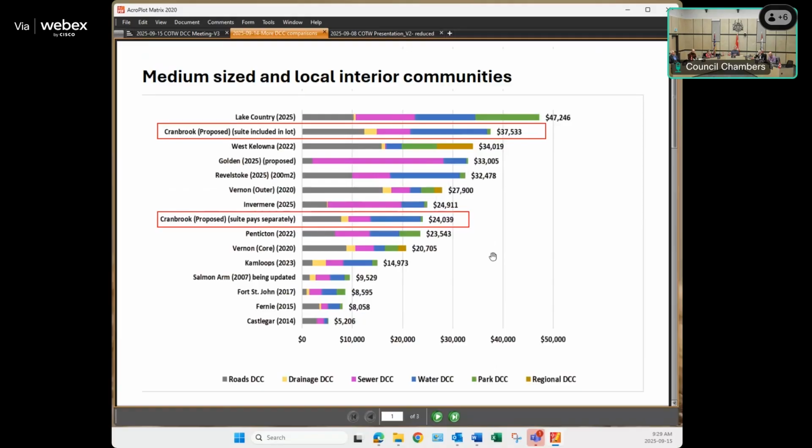I think that's the piece that I need to see. All these other comparatives, you can say, yeah, but these don't apply to us. So what's that sweet spot for communities like Cranbrook that are not resource subsidized or resort communities, where developers are not beating down the doors? Give me that one, and I'd really like to compare that to us.